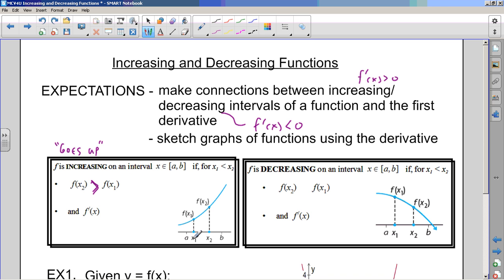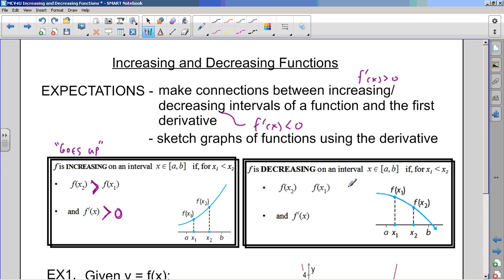As long as I'm reading x values from left to right, that means f at x2 is bigger than f at x1. It's going up. And it also means the first derivative is positive.